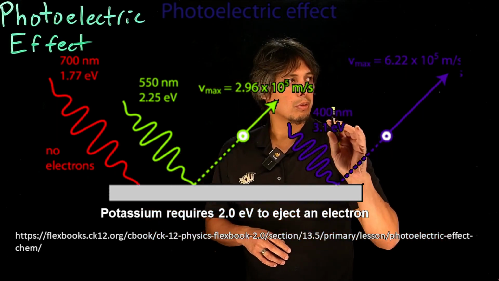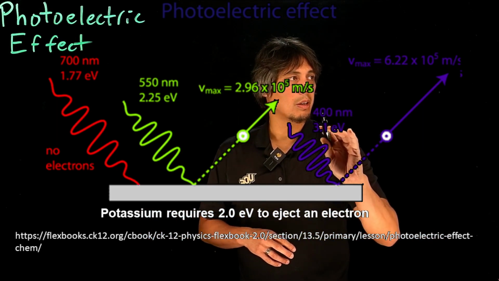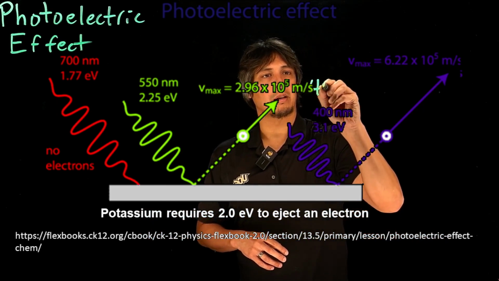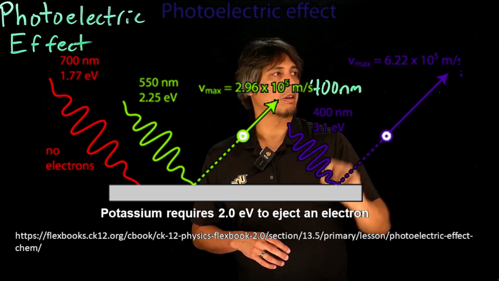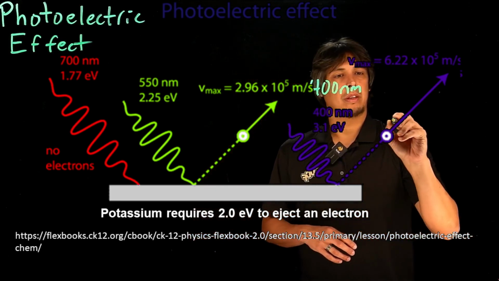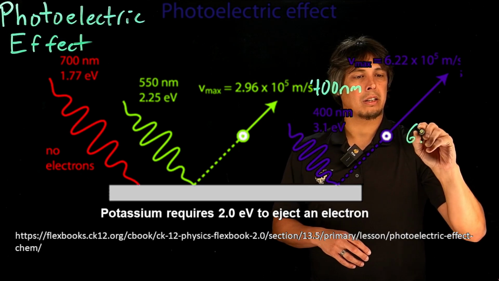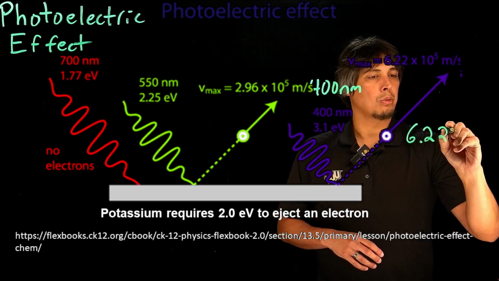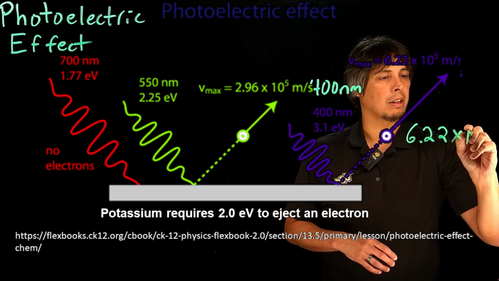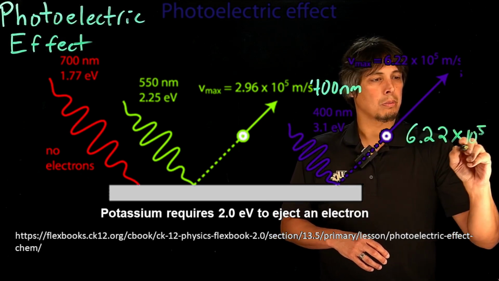And if this is taken to 400 nanometers, I know this is a little hard to see, so I'll write this out here, the velocity of the ejected electron was 6.22 times 10 to the 5th meters per second.